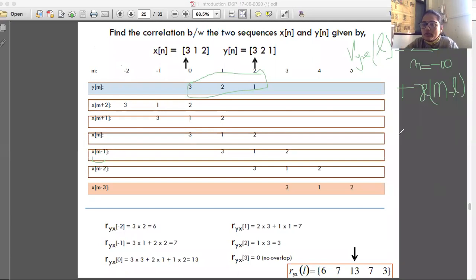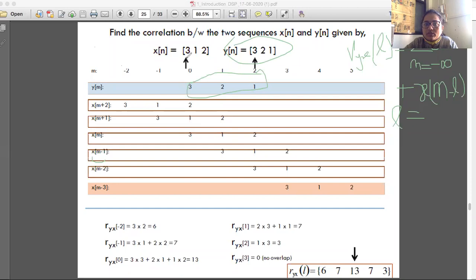So ultimately what we are supposed to find out is the value or range of L, right? My very first task is to find out the range of L. Both the sequences are starting from 0 only. So I have considered this as my first sequence, and I have to shift the second sequence.